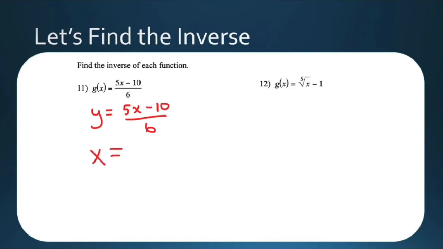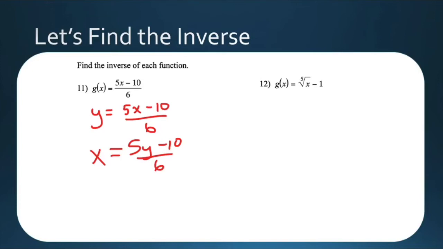In the place of the x, I'm going to put y. You with me so far? Okay. Step number 3, and the last step that you'll write down, is solve for y.